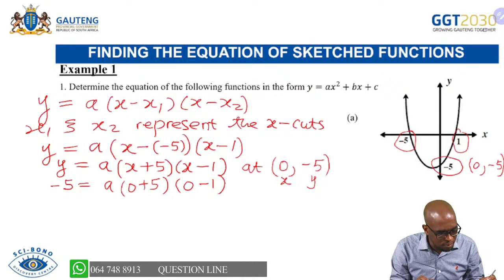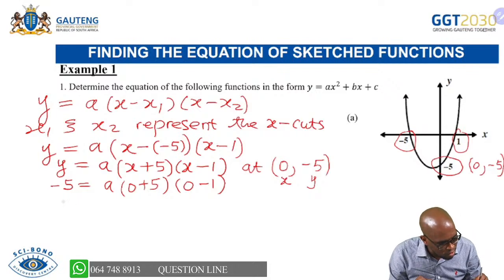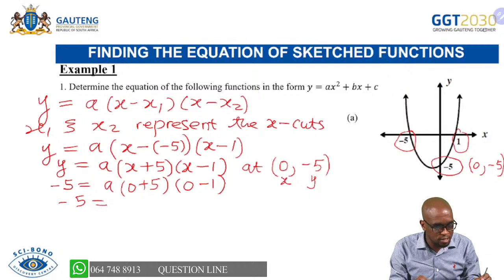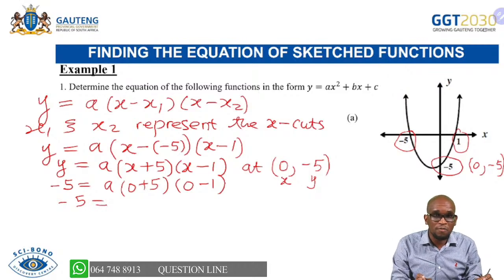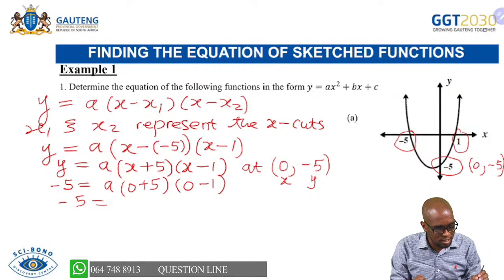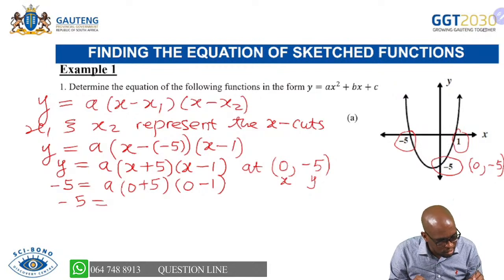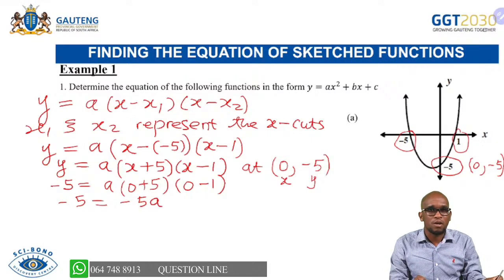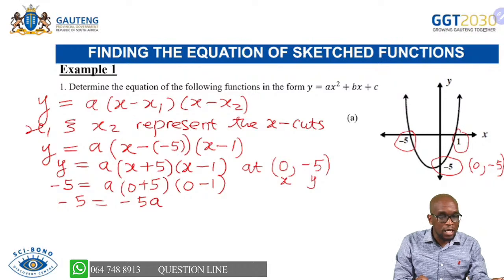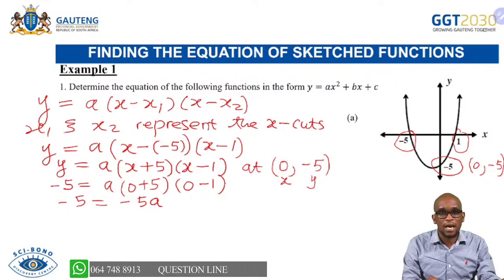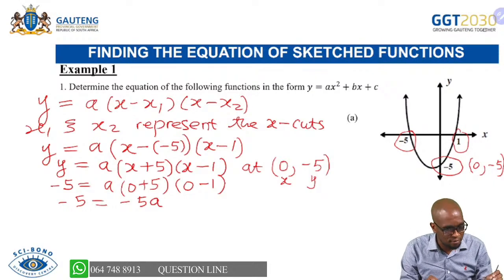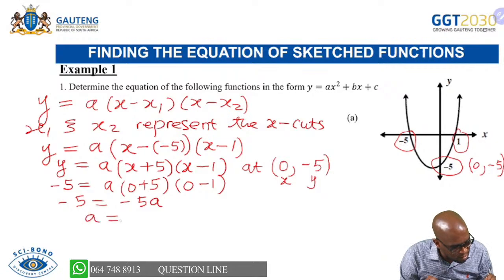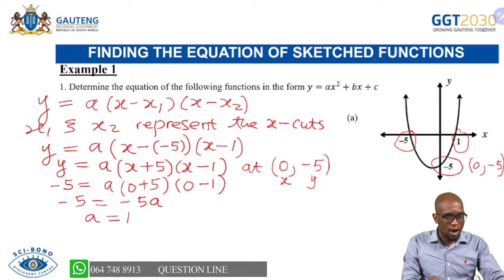Now on the right hand side, if you simplify the brackets, you get a times 5 times minus 1, that should be minus 5a. Obviously, to solve for a here, we need to divide both sides by negative 5. So we'll get that a is equals to positive 1.